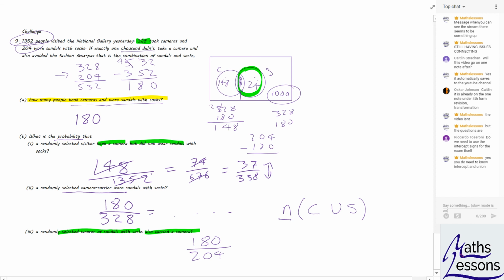Union means or. So if I actually shade in green, the union is all of this, and all of this. You have to add all those three numbers. And we've already worked out that must be 352 back here.